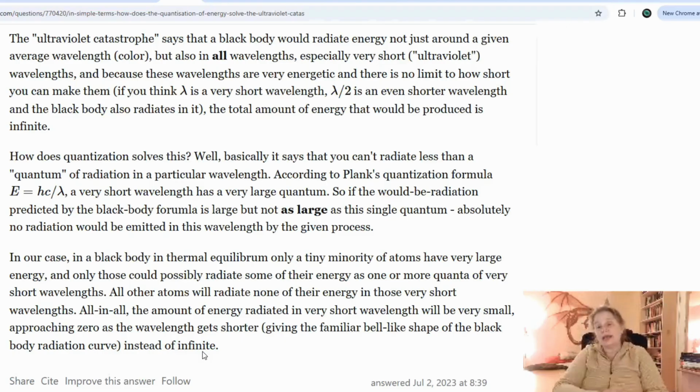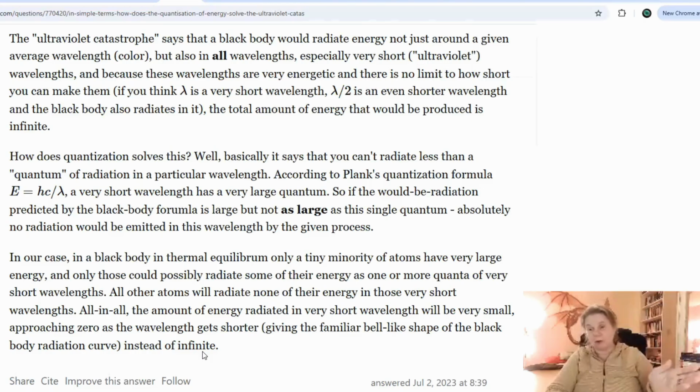So for any given temperature of a collection of gas particles, for argument's sake, only a small fraction will be above that threshold. And of those, only the ones that have got enough energy that they can make a whole quantum will emit any photons of that energy.